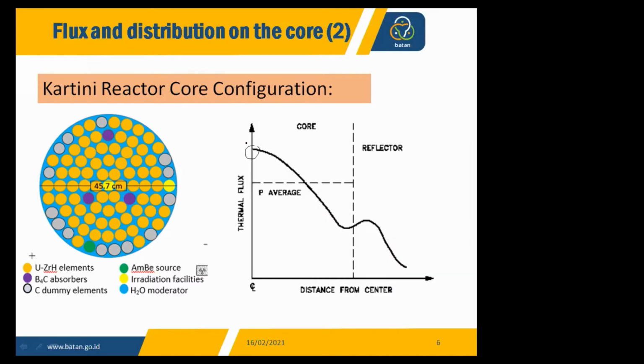We can see that the highest flux is at the center of the core, and it is distributed by a Bessel function until the edge of the core. Yes, we can see that the highest flux is at the center of the core.